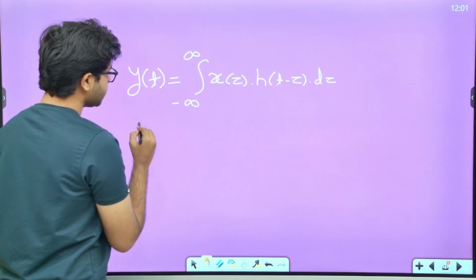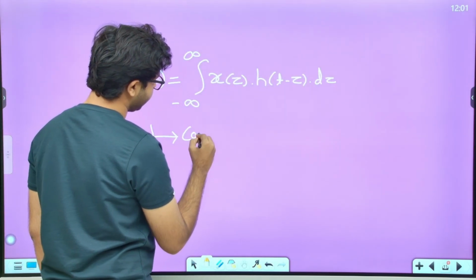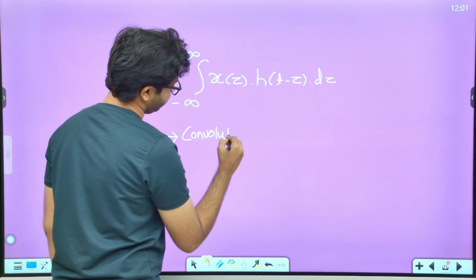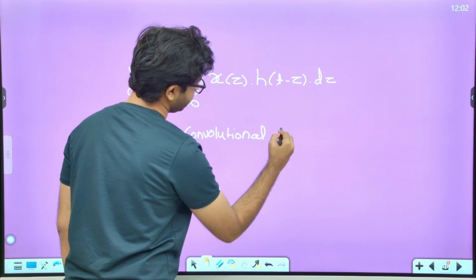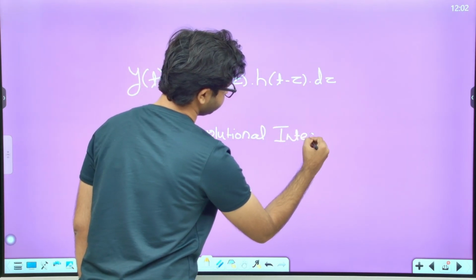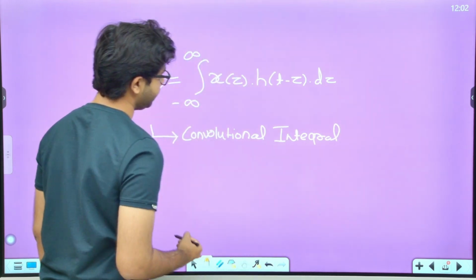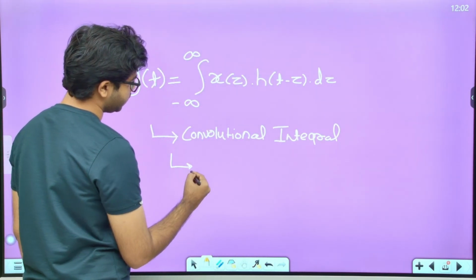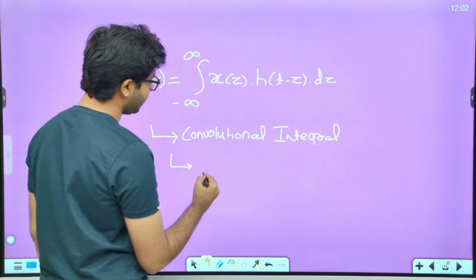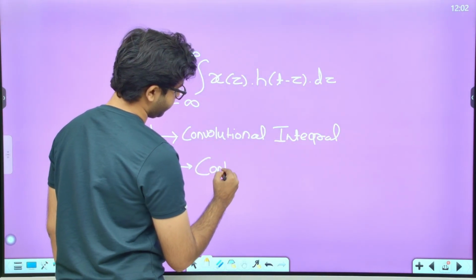So this is the convolution integral, and this is for the continuous time domain.